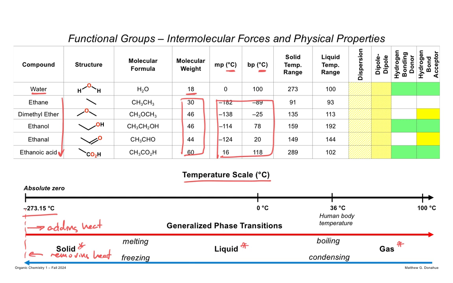So I have these terms here: dispersion, dipole-dipole, hydrogen bond donor, hydrogen bond acceptor. Those are the things that affect physical properties. So water is a hydrogen bond donor and acceptor. Then you look at ethane, it's none of those. Dimethyl ether is a hydrogen bond acceptor. Ethanol behaves like water. It's a donor and an acceptor. What commonality do you see between ethanol and water?